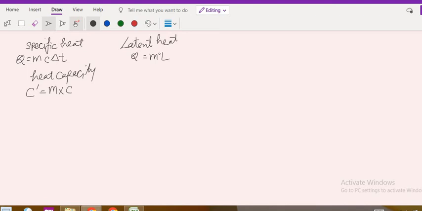Or suppose we have ice at 0 degree Celsius and want to convert it into water at 0 degree Celsius, then some heat has to be given in order to melt the ice. That is also called latent heat. Its SI unit will be simply joule per kilogram, because there is no change in temperature, so no temperature term is involved. So these are the three basic formulae that we have to use for solving the numericals.